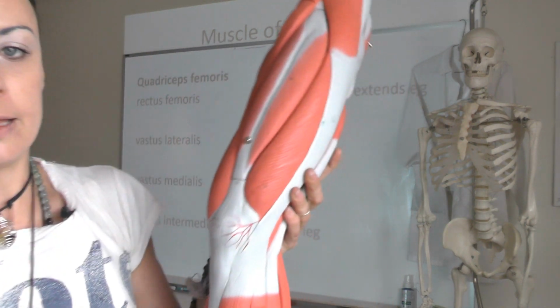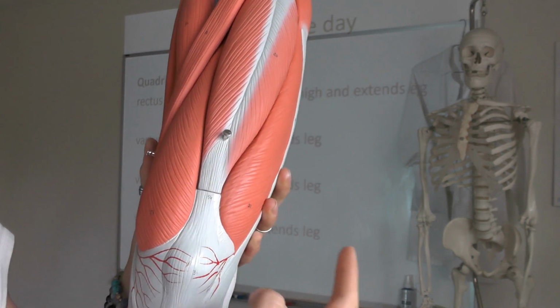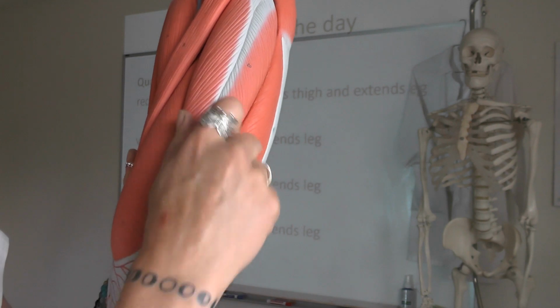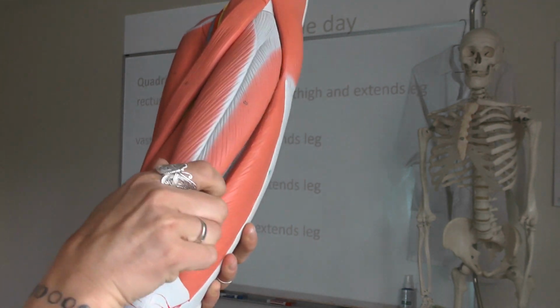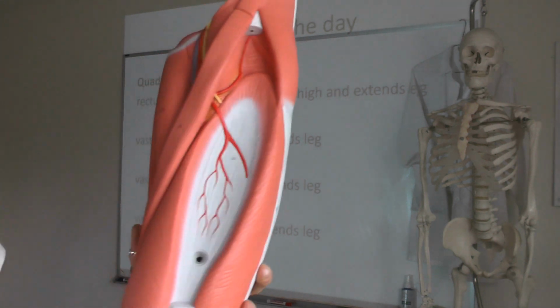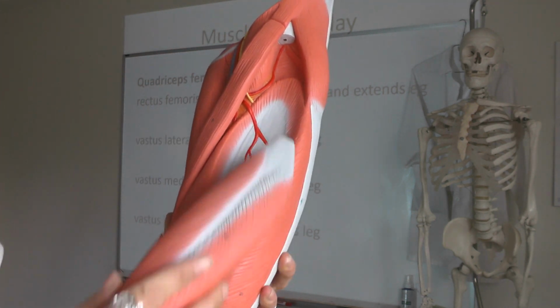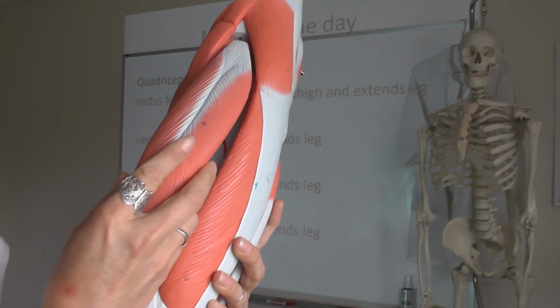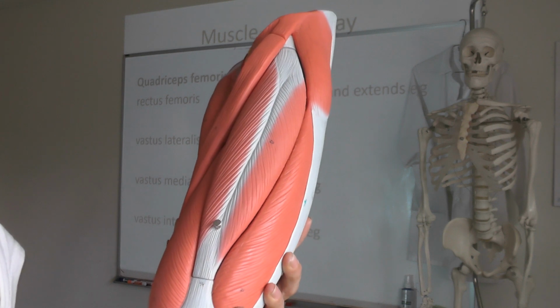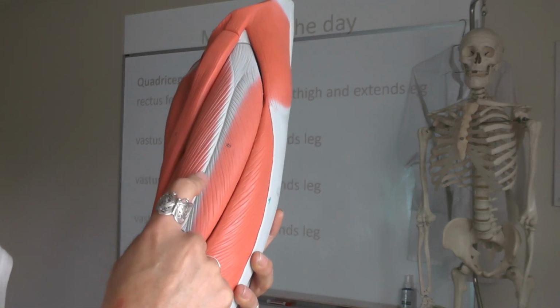Okay, the other three quadriceps are vastus medialis, vastus lateralis, and then deep to rectus femoris, we have vastus intermedius. So these are our four quadriceps, and all of them are leg extensors. So you only really need to know one action for 3 of the 4 quadriceps, and then just know one more action for rectus femoris.